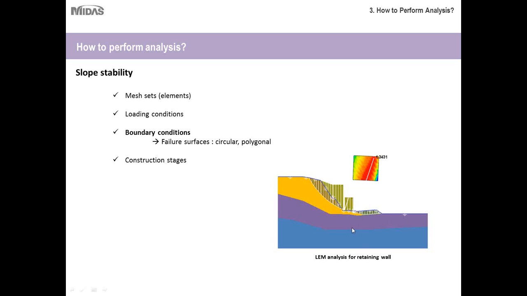And in addition, you can also add a water level and consider seepage. With that you can also apply construction stages, and then it will become a coupled or semi-coupled analysis. We covered semi-coupled and coupled analysis in the previous chapter, so I believe you are well aware of that analysis.